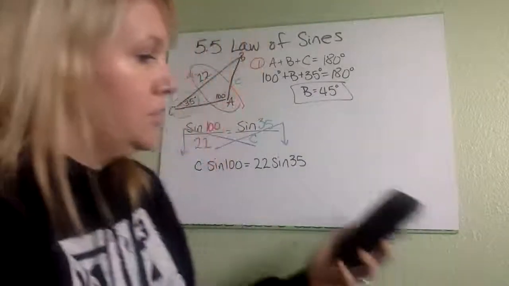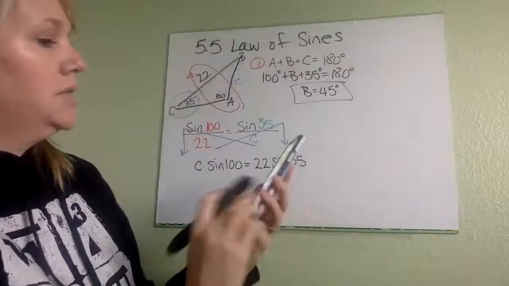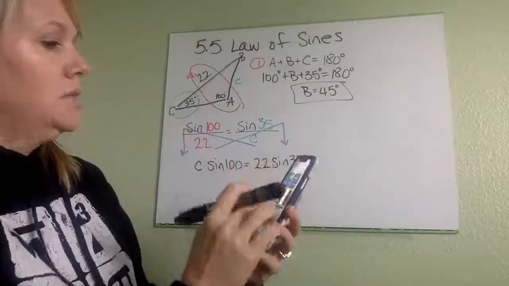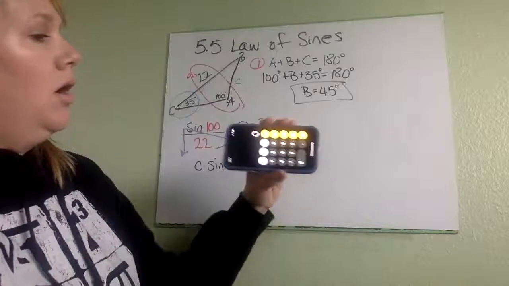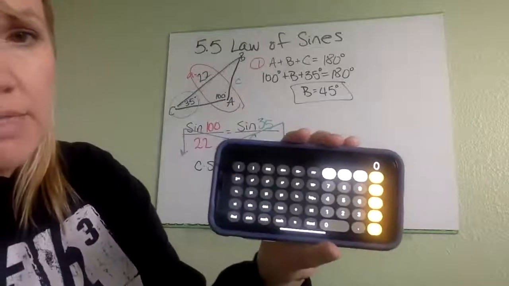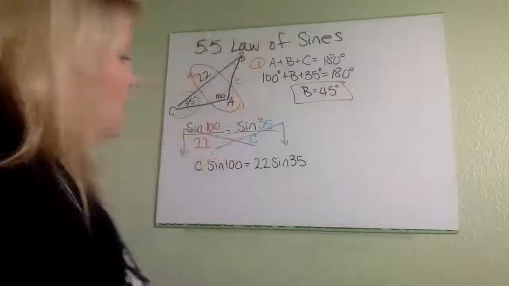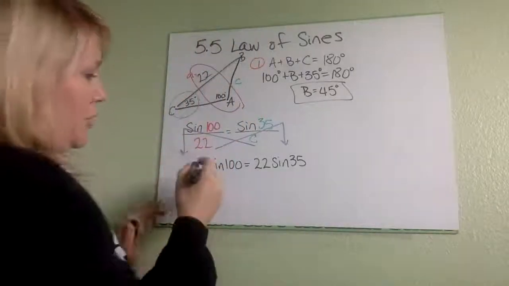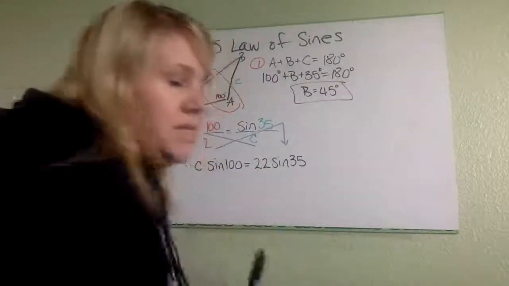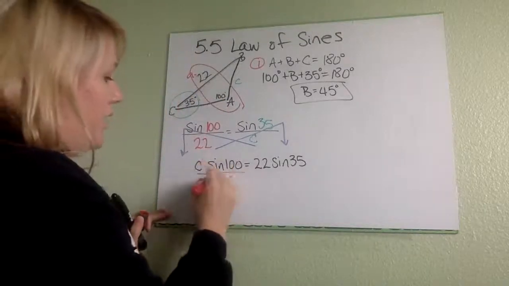You can also use your cell phone as long as you turn it sideways, right? As long as you turn the calculator on its side, you should have a sine button. My iPhone has the sine right there. So that works. So the sine of 100 is 0.98. So to get rid of the sine of 100, since it's just a number, I'll divide that from both sides.